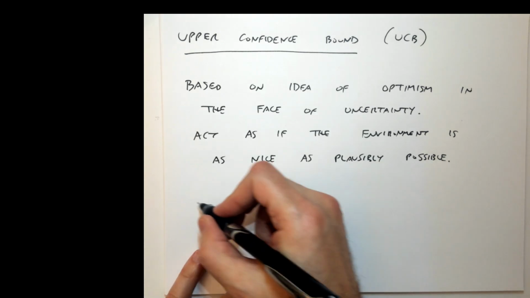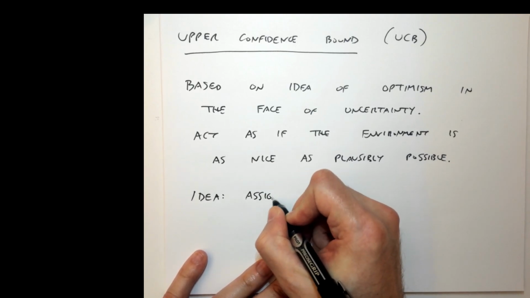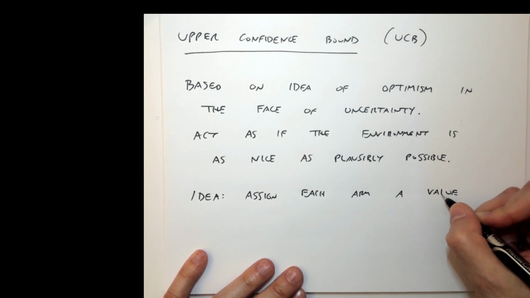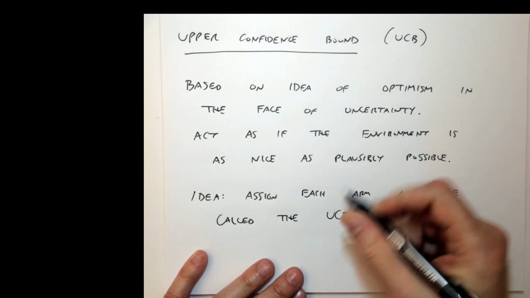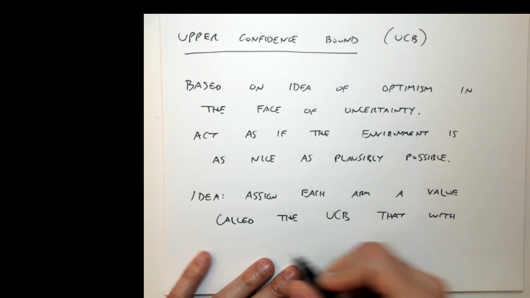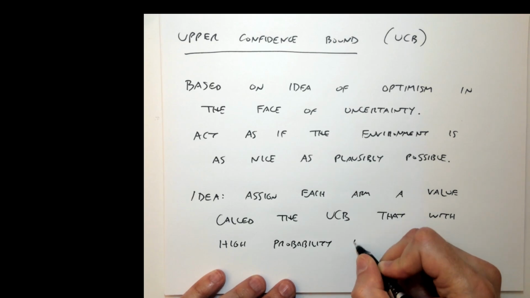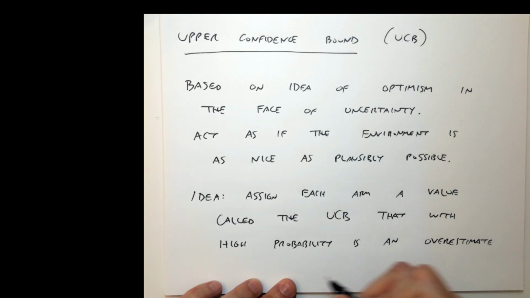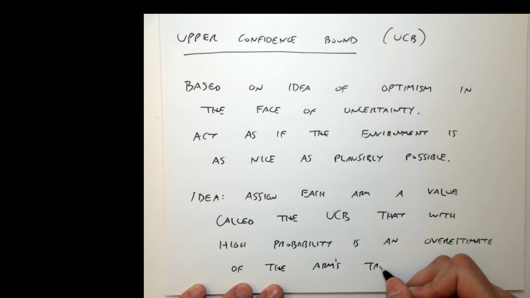So the idea is to assign each arm a value, and this value is called the upper confidence bound, the UCB up here, that with high probability is an overestimate of the arm's true mean.